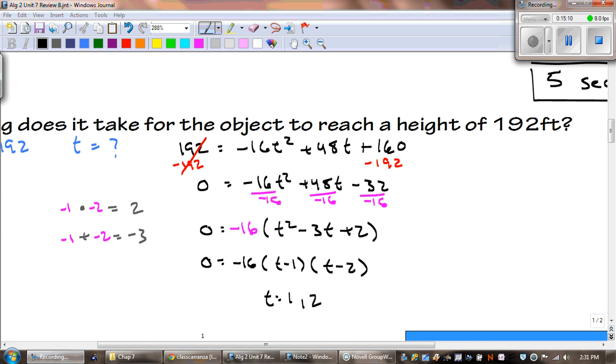Okay, so you should have factored out the negative 16 because that's the GCF. And the numbers that multiply to 2 and add to negative 3, yeah, it's negative 1 and negative 2. Okay?